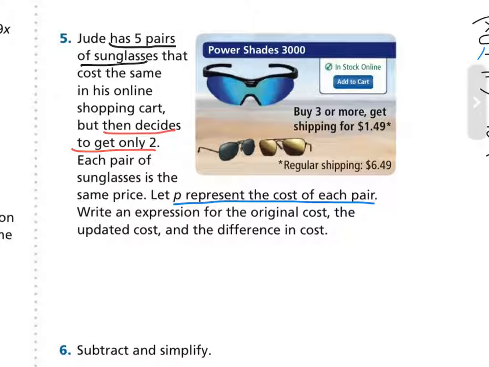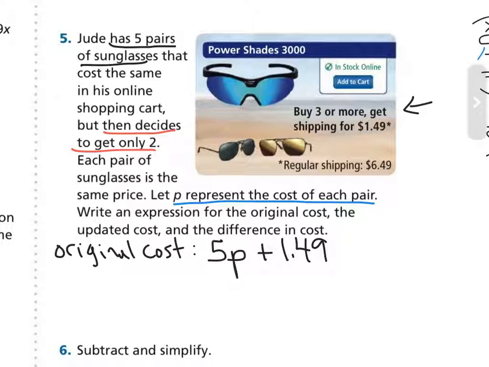First of all, we're going to write what our original cost is, when he has 5. The original cost, with the 5 pairs that he was going to get, would be 5 times P, because P is the cost of 1 pair. And if you'll notice, if we buy at least 3 pairs, the shipping is $1.49. So 5P plus $1.49 shipping would be the original cost with the 5 pairs.